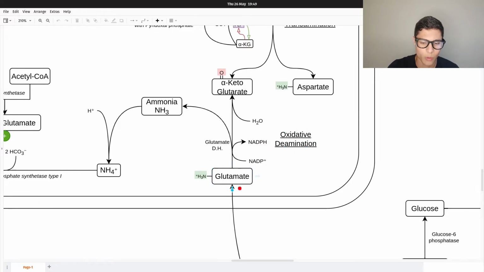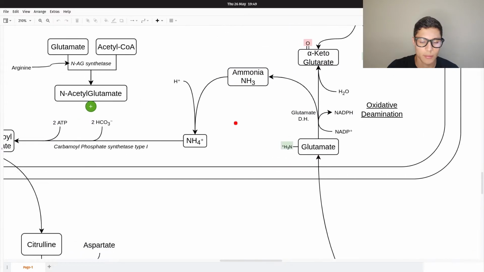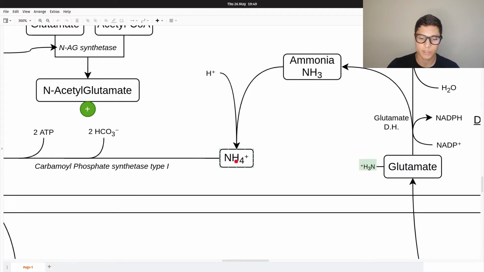Glutamate was the guy who collected all the amine groups, and then he's going to deaminate itself to form alpha ketoglutarate, and ammonia is created, and then ammonia is converted into ammonium by adding a proton.